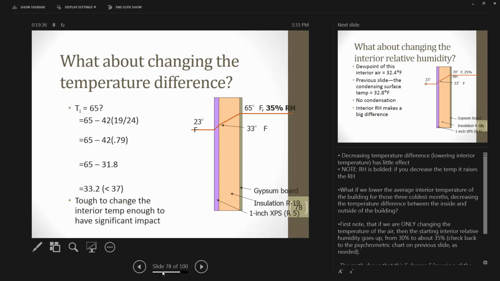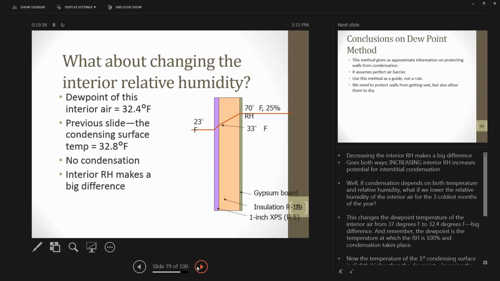I'm going to have to bring those slides back to better illustrate it, but as you increase the insulation in the wall, less of that heat is going to migrate out towards the condensing surface. So if you can see here, we end up increasing the insulation in this wall assembly.